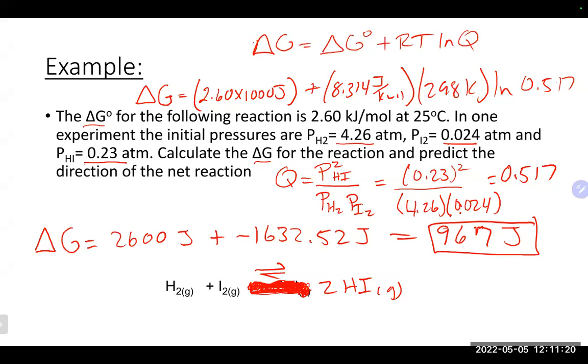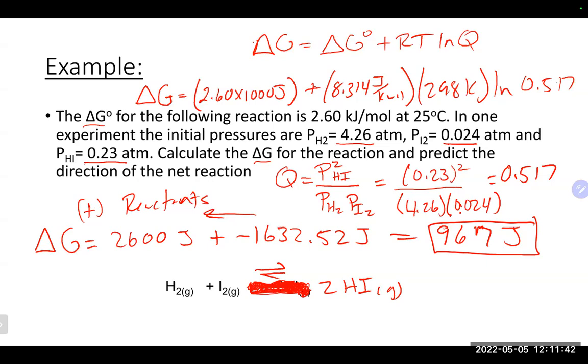All right, so what this means is, are reactants or products favored in this case? Delta G is positive, which means we would expect reactants at this point. Kind of going this way, a non-spontaneous type of deal happening.